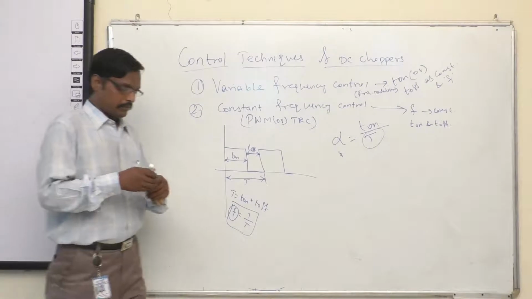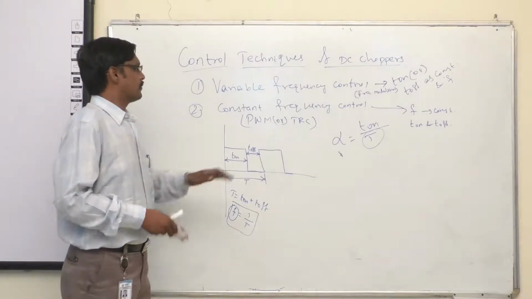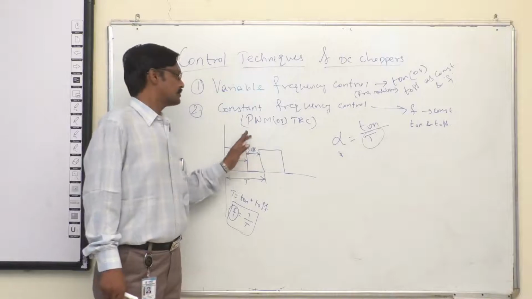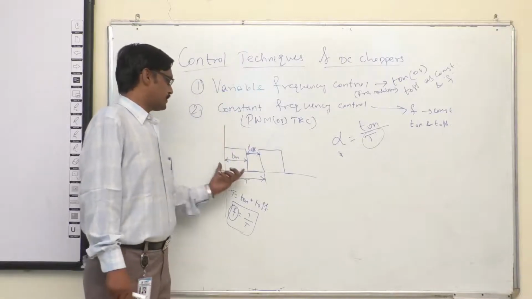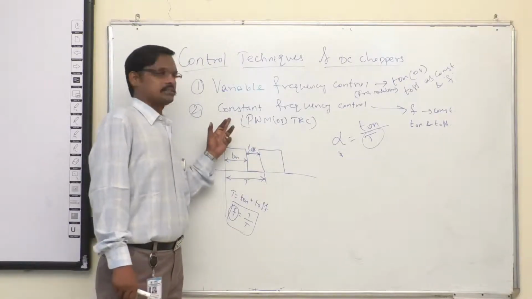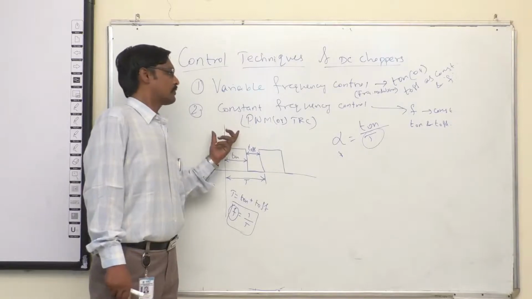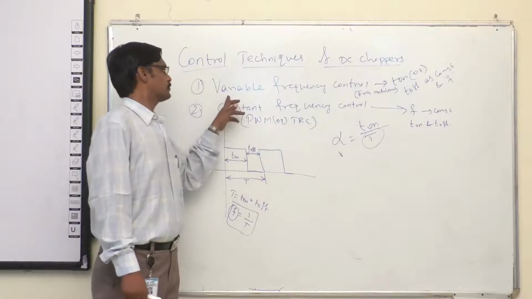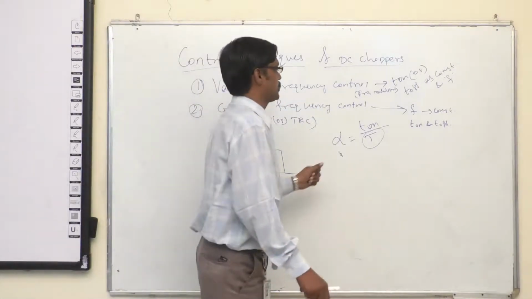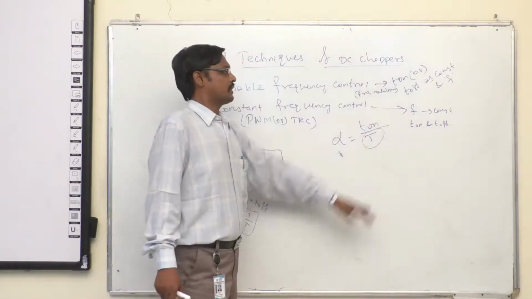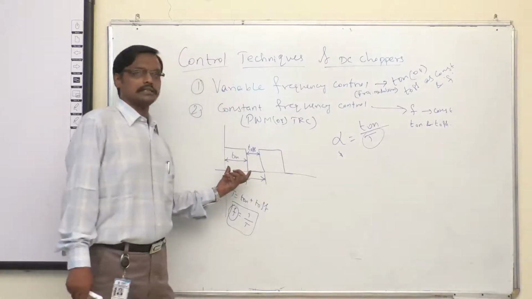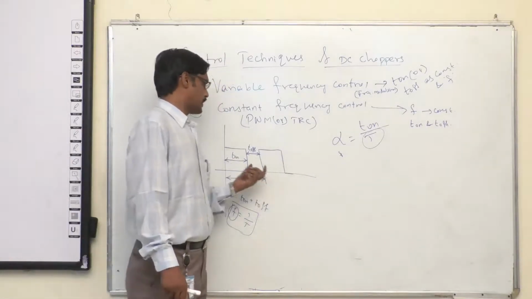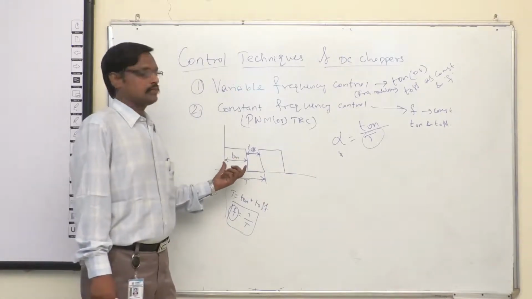In the majority of applications, you can go for this PWM method or TRC method, because here we operate the switching pulses at a constant frequency, so the filtering of the output waveform is easy. Whereas in the variable frequency method, since we are varying the frequency of the switching pulses, the output of the chopper contains different frequency noises.